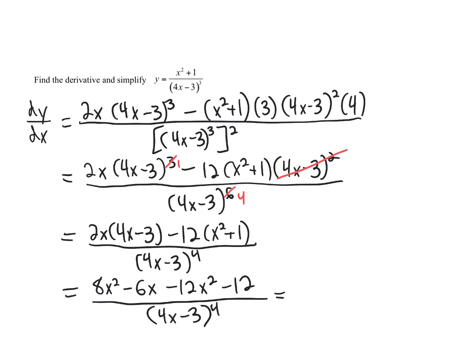Collect like terms. Giving us our final answer.